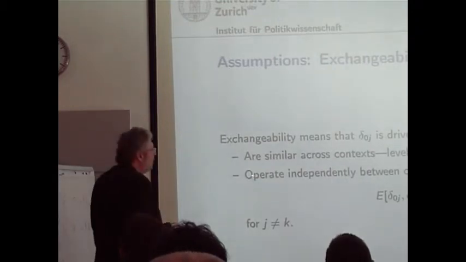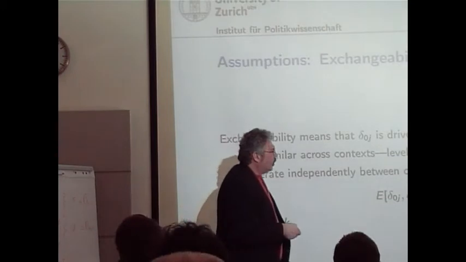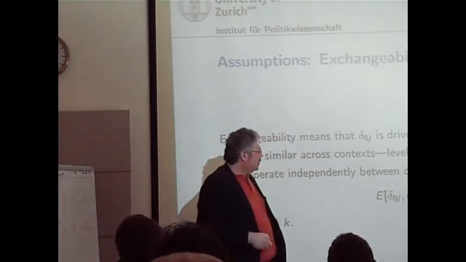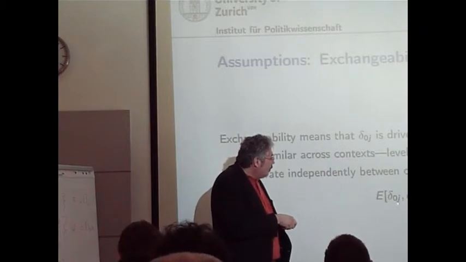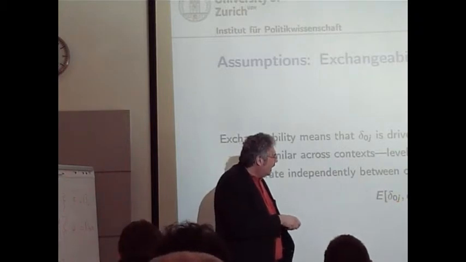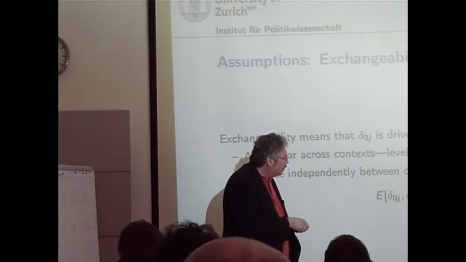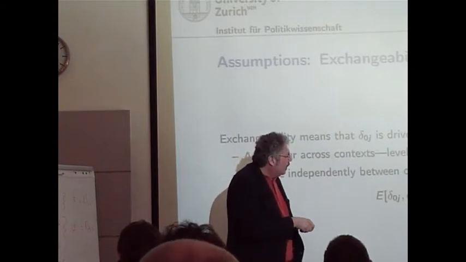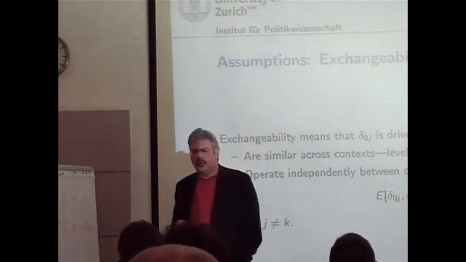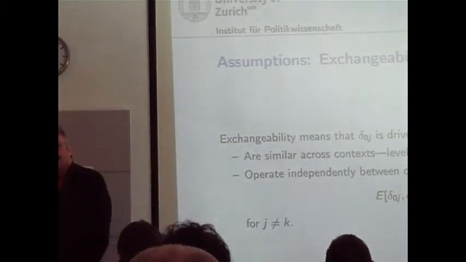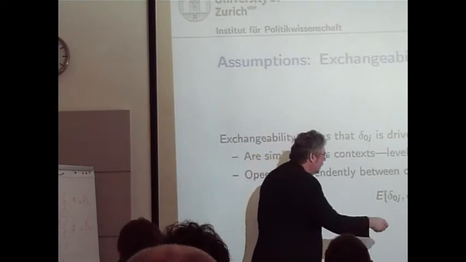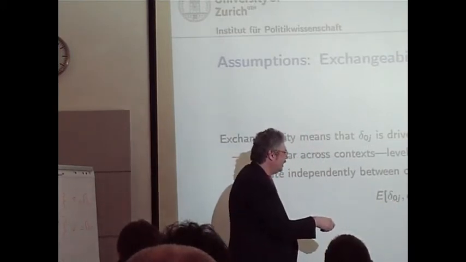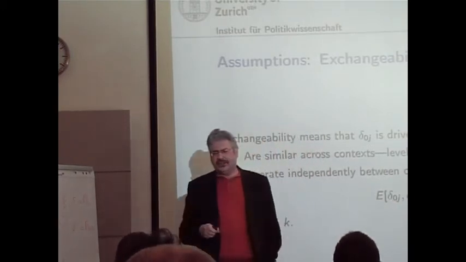And they also operate independently between contexts. So we're assuming that the delta 0 for level 2 unit j and the delta 0 for level 2 unit k are independent. The correlation between them is 0. That's essentially what this says. The covariance between delta 0j and delta 0k is 0.